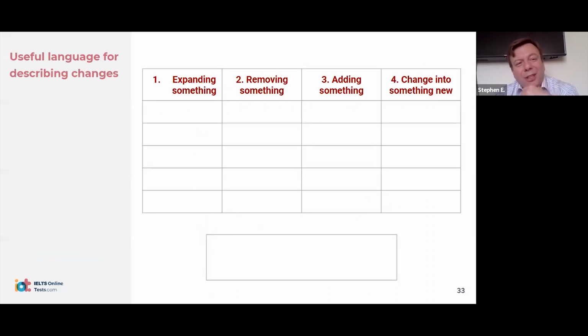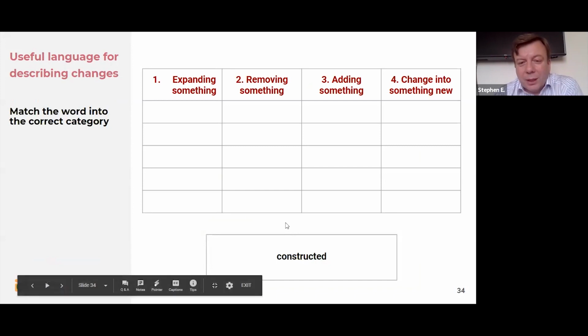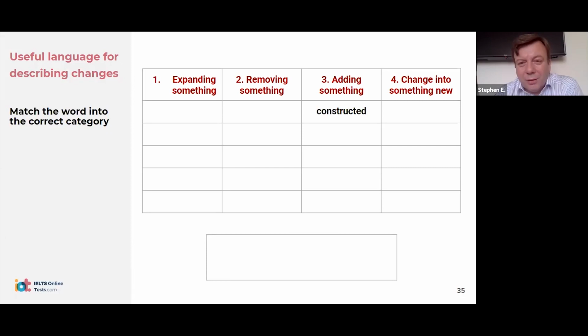Okay, good. So let's have a look at some language for describing changes then. So we're going to match each word into the correct category. So constructed. So is that going to be 1, 2, 3, or 4? Constructed. Okay. Yeah, good. Demolished.